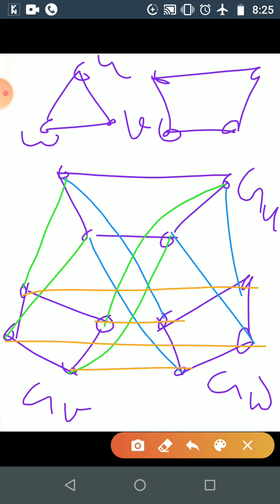So here you got C4 Cartesian product with C3, okay, or C3 Cartesian product with this one.